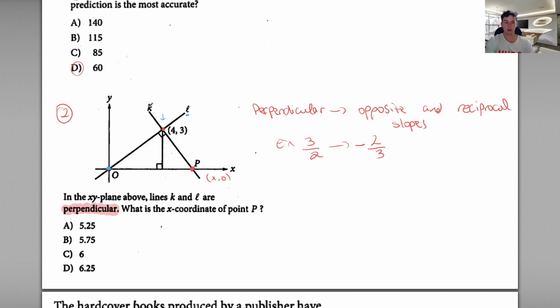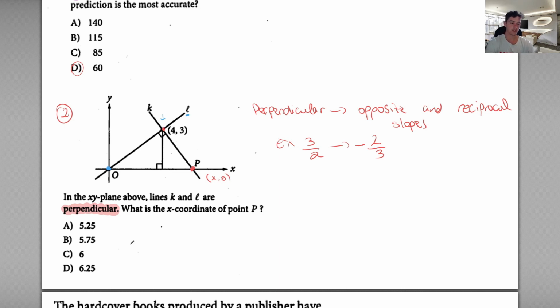However, I don't know anything about line K, only that it's perpendicular to line L. So first of all, since line L has 2 points, and we know that we can find an equation based on either 2 points or a point and slope, we can find the equation for line L, and then we can find the equation for line K, and then we can find point P.